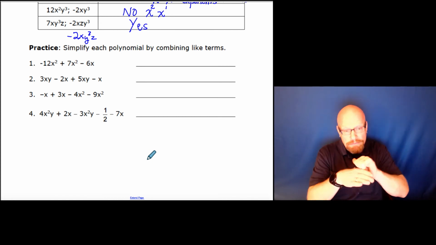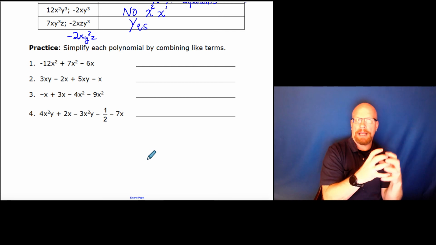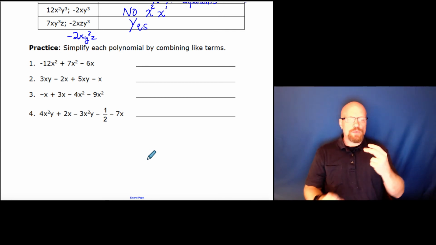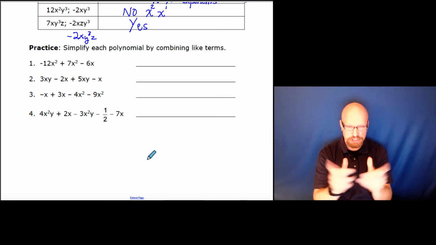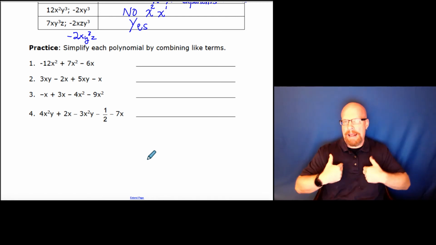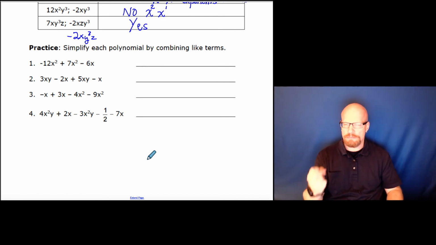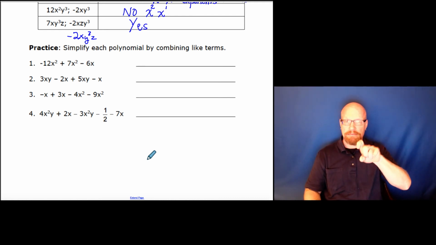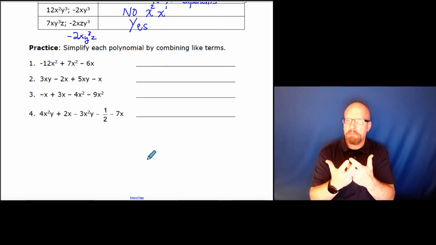Now, the reason we're defining like terms or not like terms, because now we're going to combine like terms. I use the word combine because when you put two terms together, sometimes you'll subtract them, sometimes you'll add them, depending on what you have. So you're combining them. Our first example, negative 12x squared plus 7x squared. They're both x squared. They're like terms.